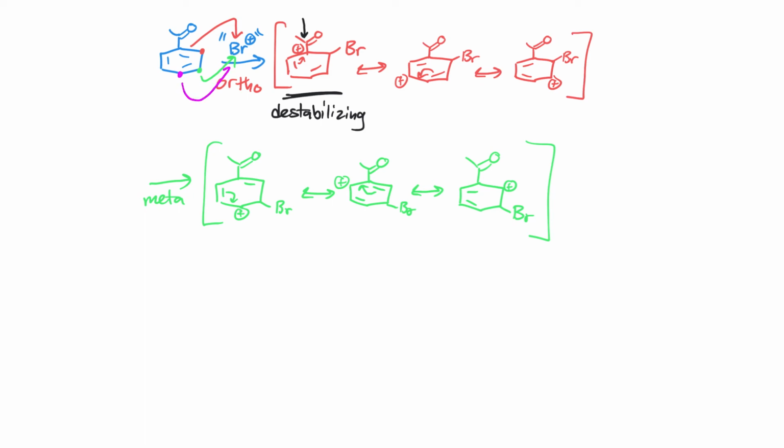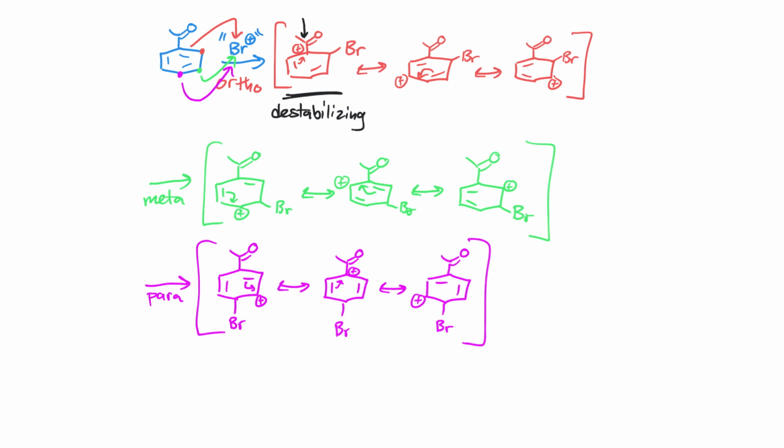So one more to look at, and we'll be ready to complete our discussion here. So again, the purple will be para addition. I'm going to pause here again and complete my resonance structures. Okay, so here are my three resonance structures for para addition. And you'll notice a very similar pattern, I think, to the ortho addition, where I have the three cations in the ring that move around the ring.